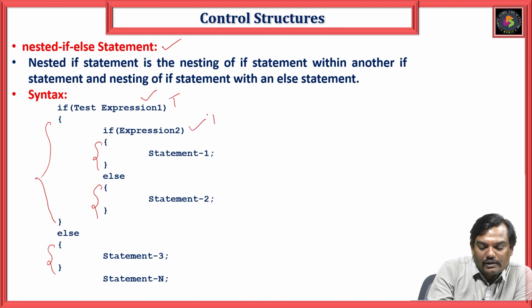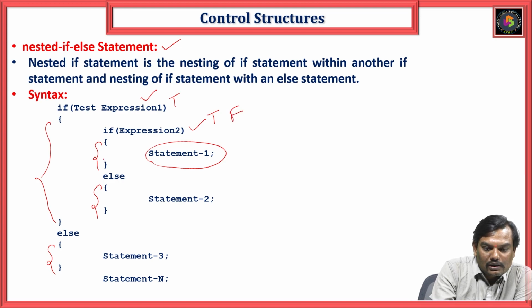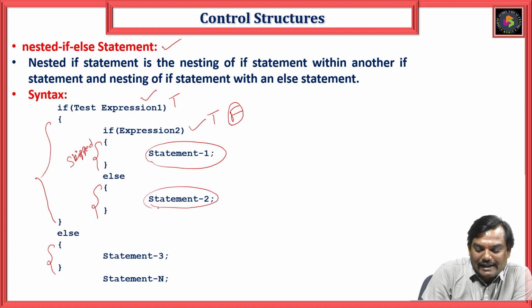If this expression is evaluated to true, then the inner if block statements get executed. If the second expression is evaluated to false, this inner if block will be skipped, and the control will be transferred to the else block. Whatever statements we have in the inner else block get executed.